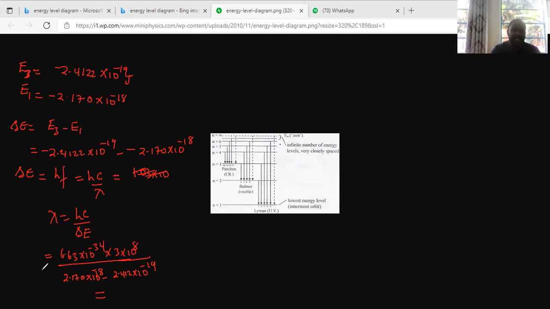Compute that at once and give me the value of lambda. Then I want to show you the other part. What if I had not used that, and I want to get change in energy as E3 minus E1?